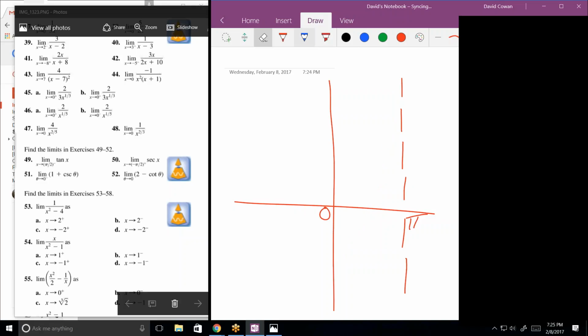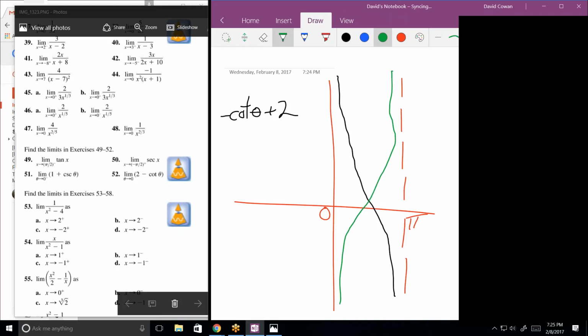Cotangent curve is always decreasing like that. This is a negative cotangent. In other words, I could write that as negative cotangent of theta plus 2, right? Well, the negative sign causes me to flip that. So it really is the way I originally drew it, like this. The green is the negative cotangent curve.